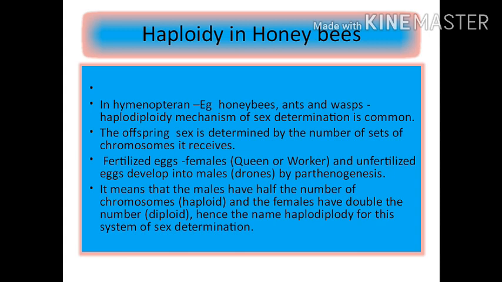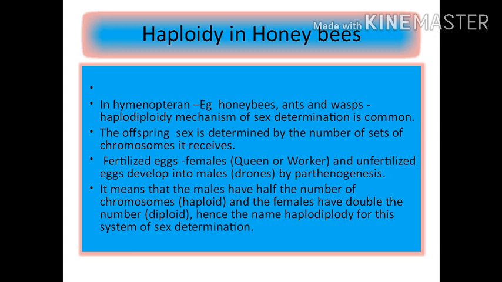The males are haploid and females are diploid. The queen lays 2 types of eggs, namely fertilized eggs and unfertilized eggs. The fertilized egg develops into female, hence they are diploid. The unfertilized egg develops parthenogenetically into male, hence they are haploid.